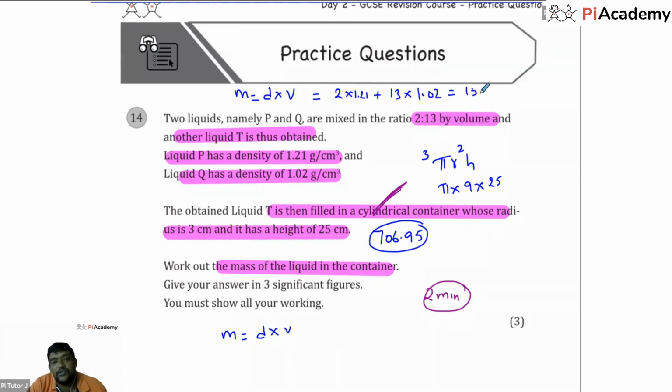So 15.68 is the density in the cylinder. So mass is density times volume. So you have 15.68 times 706.95, right? Is that what you did? So what is the answer? Okay, let's use the calculator. Okay, 15.68.